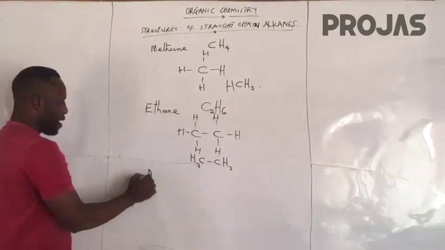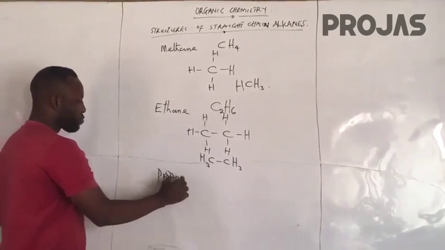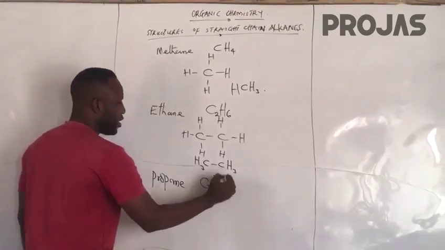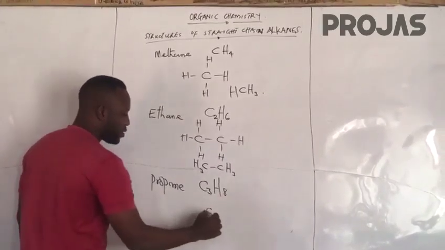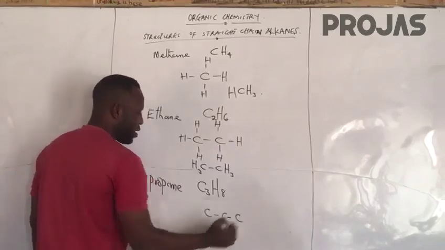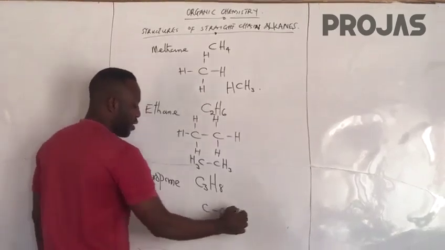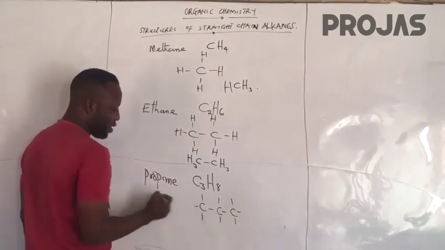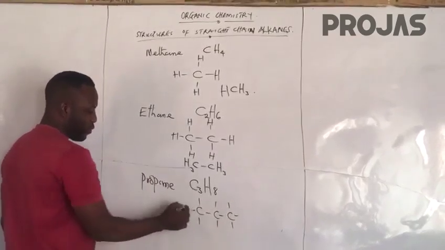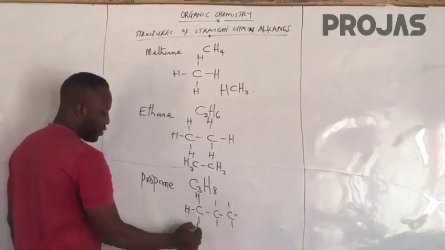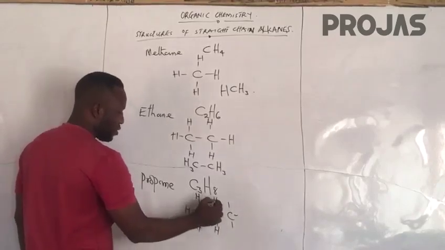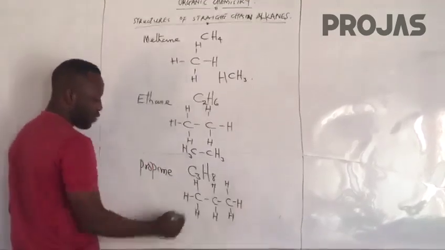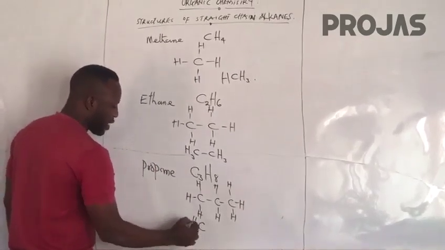The third member is propane, which is C3H8. We have 3 carbon, C, and C. So carbon is tetravalent in all its compounds, virtually all. So we attach the hydrogen. To this first carbon, we have 3 hydrogen.